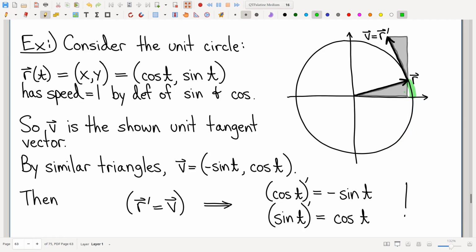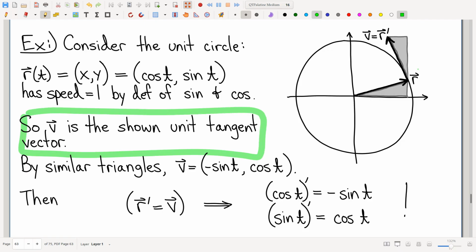That's the definition of when you're talking about sine and cosine: the argument is the distance along the unit circle. So if time and distance are equal, then distance per unit time is 1. So we have a unit speed parametric curve. We also know that the velocity is a tangent vector, so it's like that.